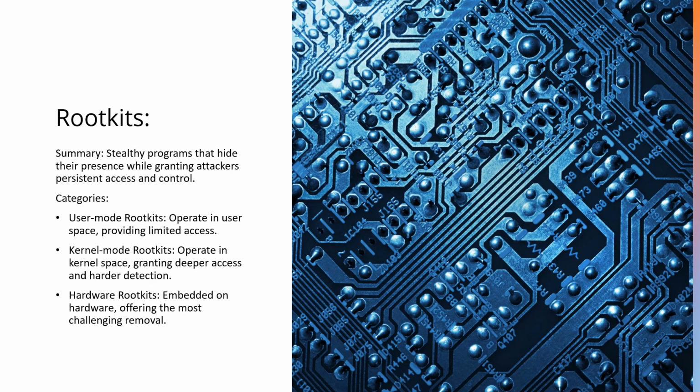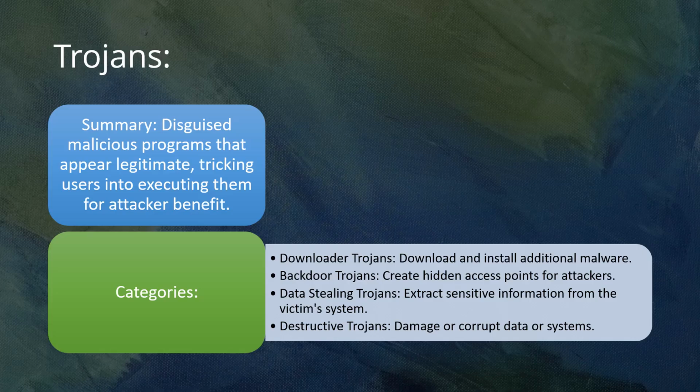Trojans, which everybody knows about, have been around for a long time. They are disguised malicious programs that appear legitimate and trick users into executing them for the attacker's benefit. There are downloader Trojans, backdoor Trojans, data-stealing Trojans, and destructive Trojans, which pretty much all are destructive to your system.